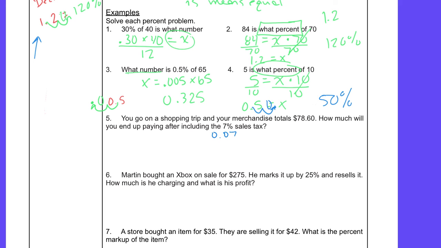Well, a small number is not going to tell me my new total, how much I'm going to end up paying. Well, I'm going to end up paying more after I add tax. So then I would have to add back in the cost of my merchandise. So when we do problems like this, where we're adding tax or tip or things like that, the shortcut is, and we can write the shortcut over here.